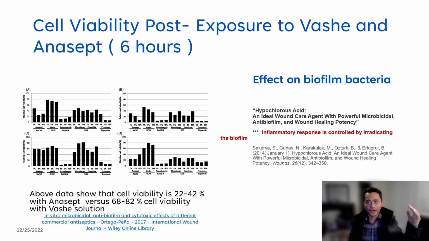Once recognized, our immune system keeps producing proteolytic enzymes like proteases, and these are detrimental to the production of granulation tissue, because they continually degrade the extracellular matrix.